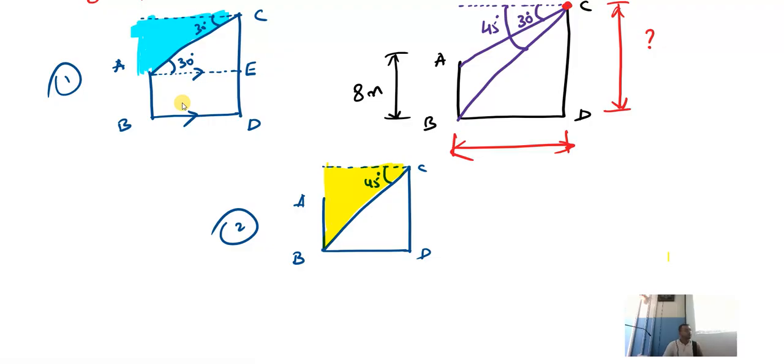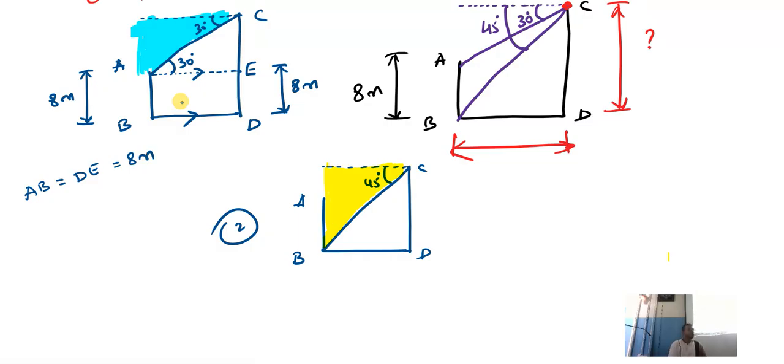Clear? One more thing. When AB is 8 meters, then ED is also 8 meters. Parallel line. Clear? So here we can say that AB is equal to DE is equal to 8 meters.